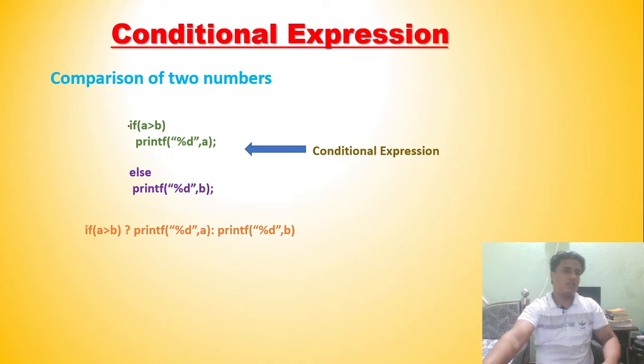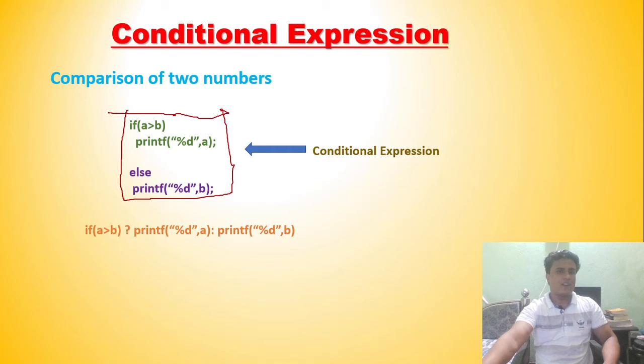There is also another way of writing this somewhat long code. It might not seem too long for some small numbers, but when the expression becomes much longer, it will be tedious to write this code. So there are shortcuts to write this. These are also known as shorthand representations, and this special case is known as the ternary expression.